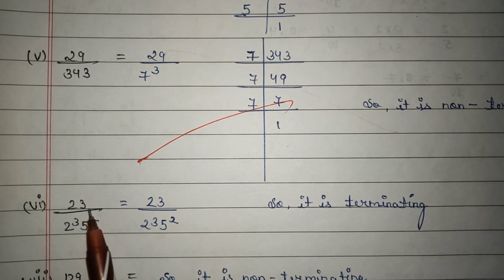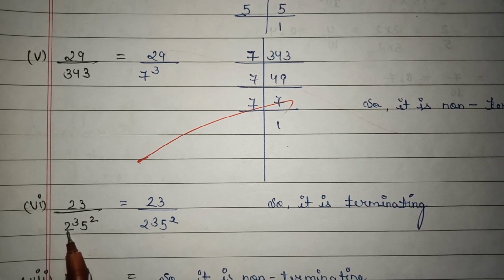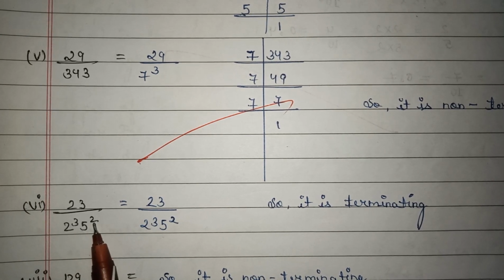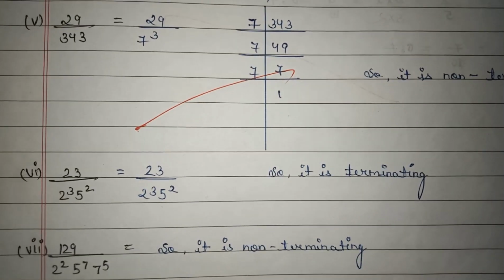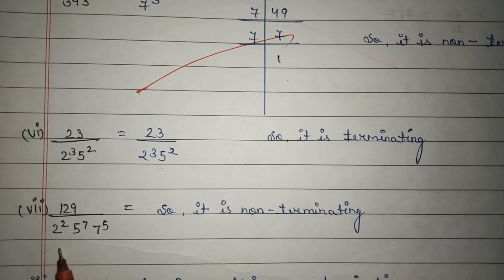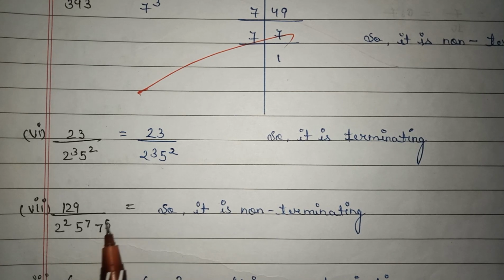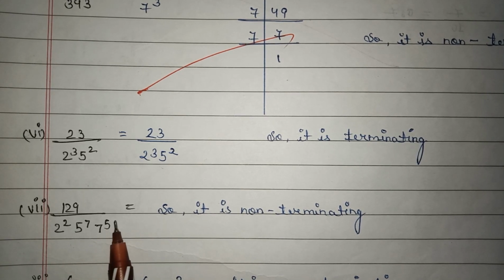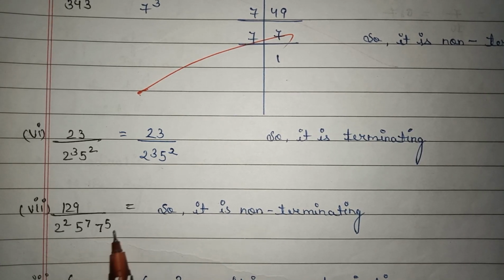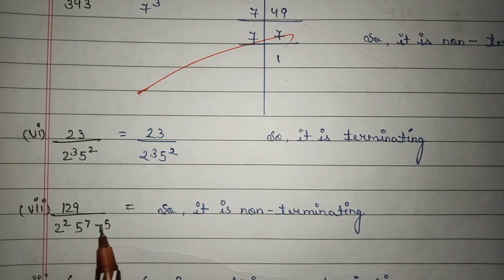It is already expressed in the form of factors 2 and 5, so according to the theorem, it will be a terminating one. Moving to the seventh part, 129 upon 2 raised to power 2, 5 raised to power 7, 7 raised to power 5. Here we get a factor 7 raised to the power 5, which is other than 2 and 5, so it will be non-terminating.